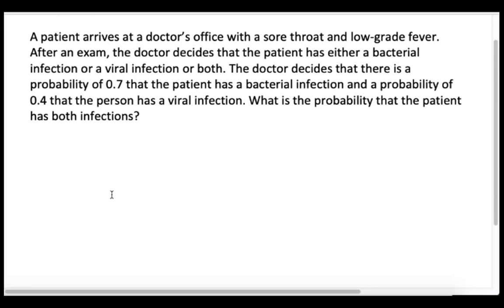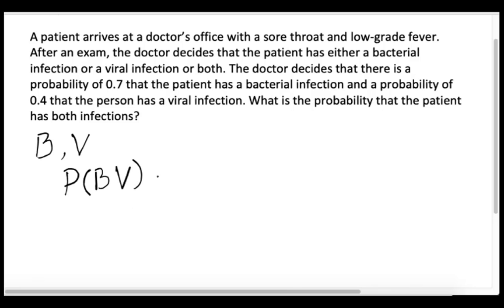Now suppose that B is the event that the patient has a bacterial infection, and V is the event that the patient has a viral infection. Then you want to find the probability that this person has a bacterial infection and a viral infection.